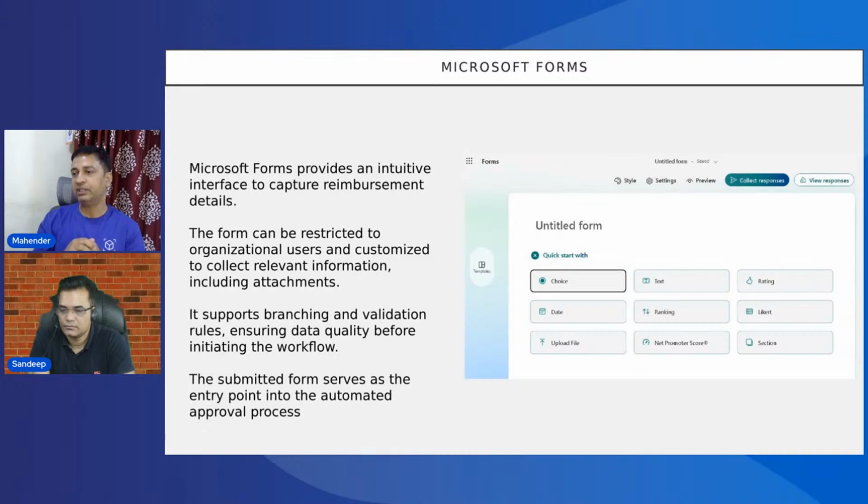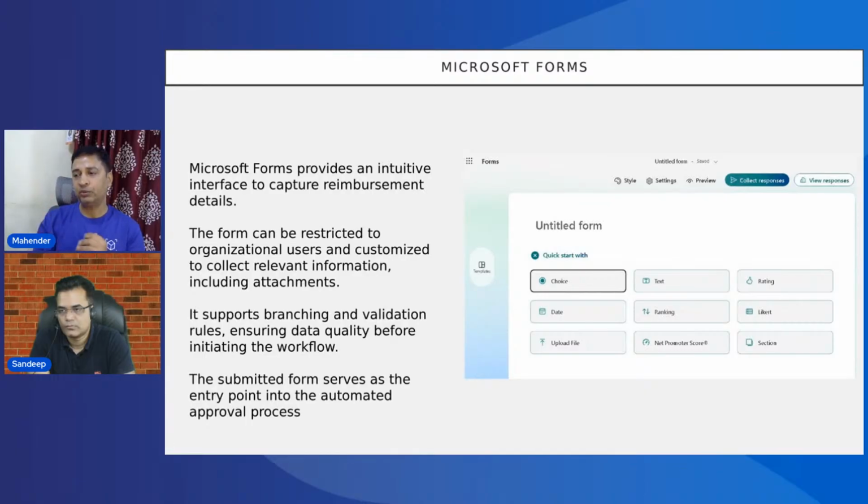For example, on the right-hand side, we have different types of controls, right? We have checkbox, text control, rating, or date time. All those types of controls we can configure depending on the requirement. For example, if you want to provide your name or request detail, we can use text.